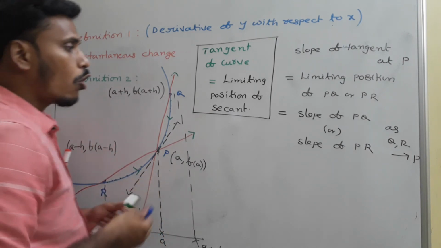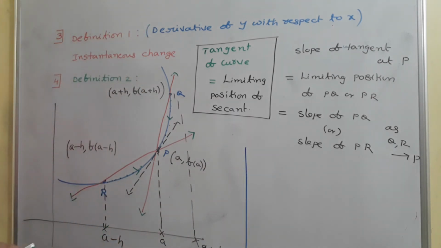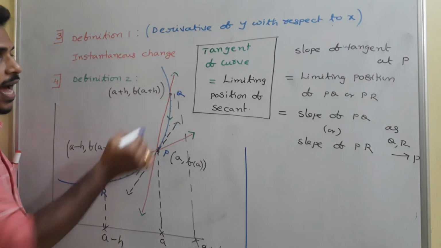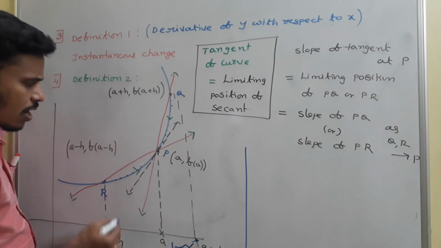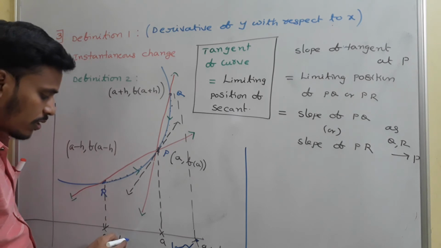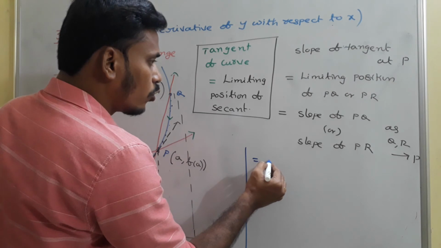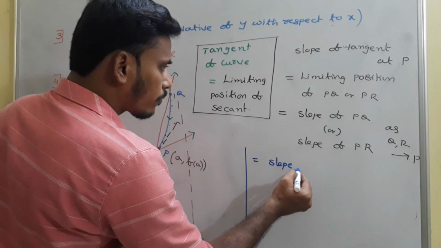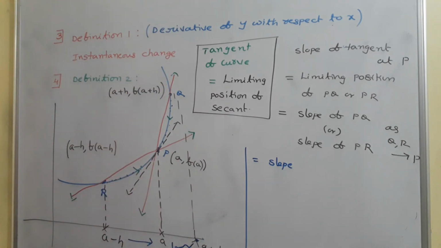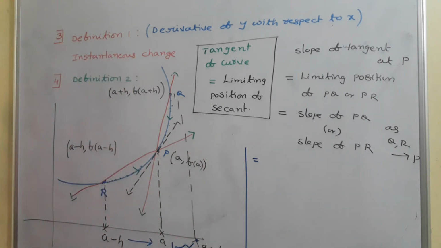Now the slope of PQ or the slope of PR as Q, R tend to P. As Q tends to P, a plus h tends to a. As R tends to P, a minus h tends to a. Slope of PQ is y2 minus y1 by x2 minus x1.